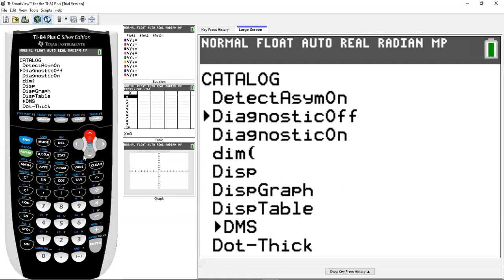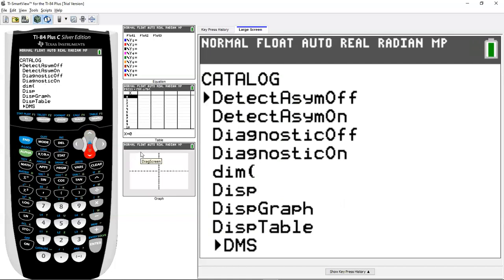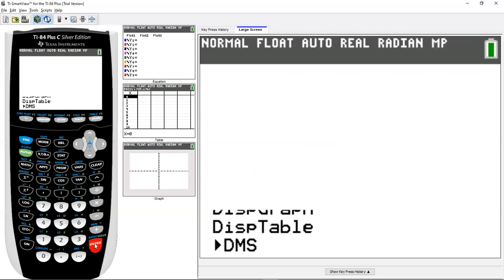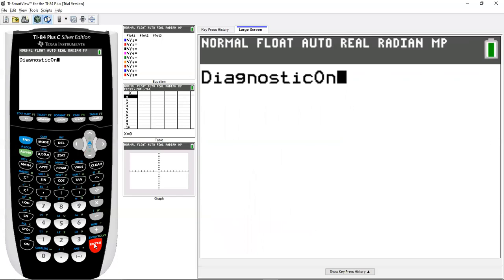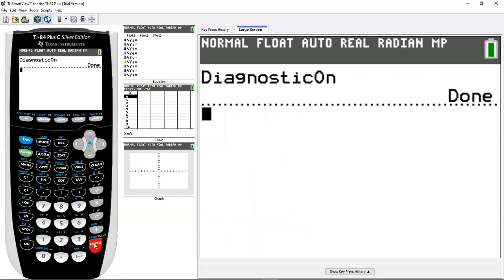And usually once you do this, it will stay that way until you then use the diagnostic off command, which is right above it. So once you do this, as long as you don't tamper with your calculator, and then so you say diagnostic on, then you press enter, and it says done.